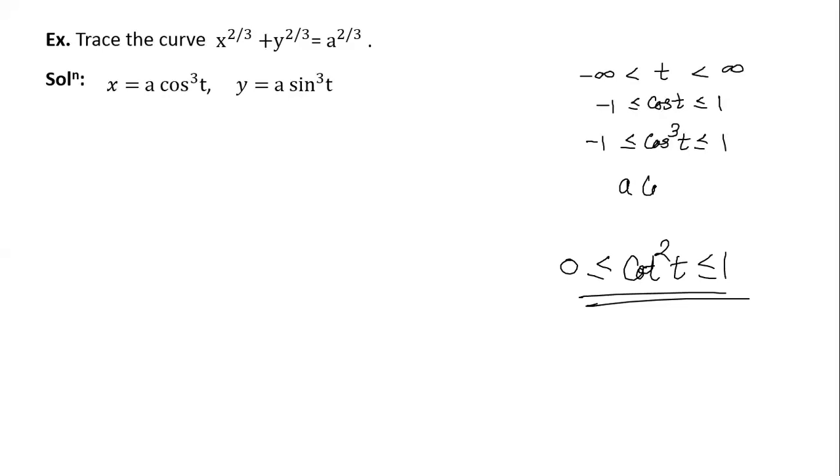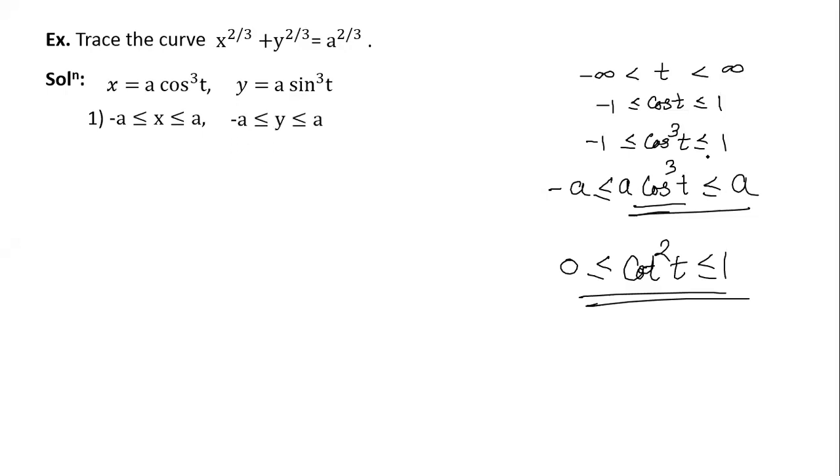And a times cos cube t, a is a positive finite real number, then only we can write this -a to +a, and that is nothing but x. So x is ranging from -a to +a. Similarly, on the same logic, y is also from -a to +a.